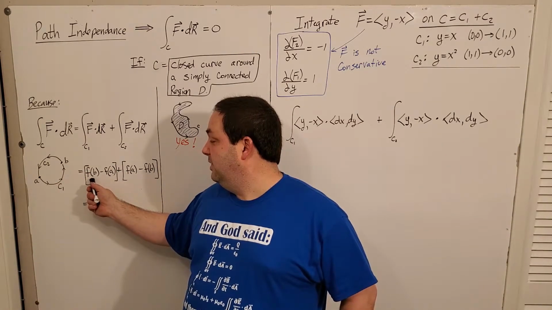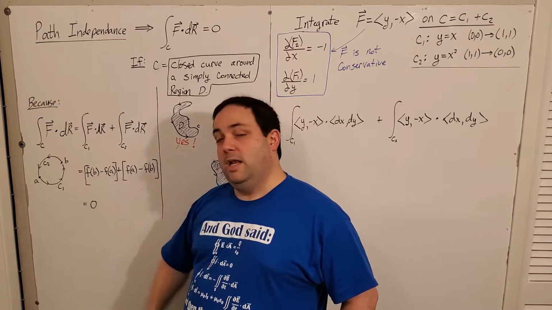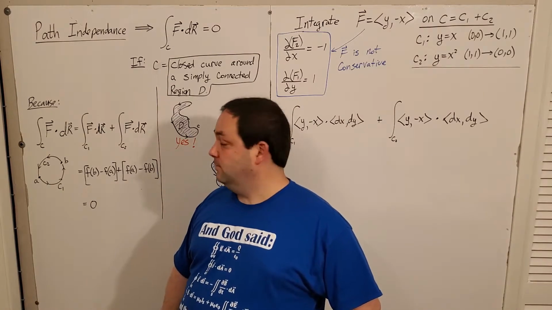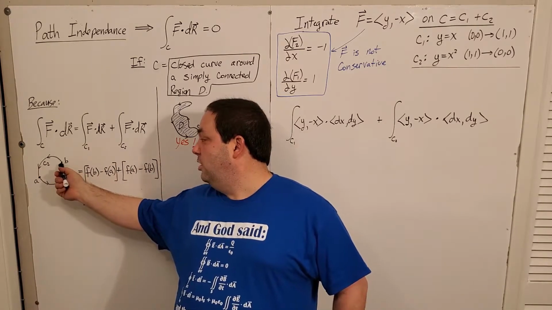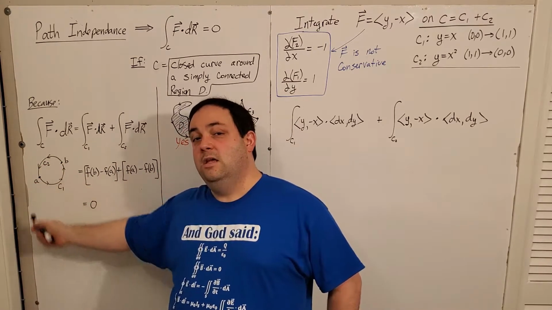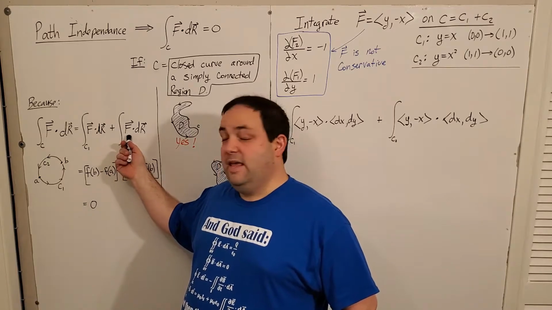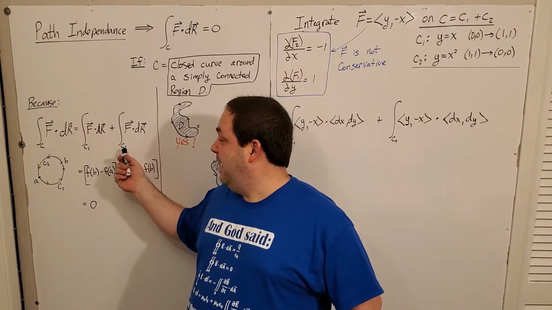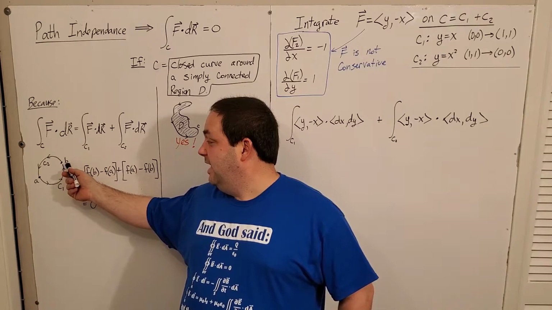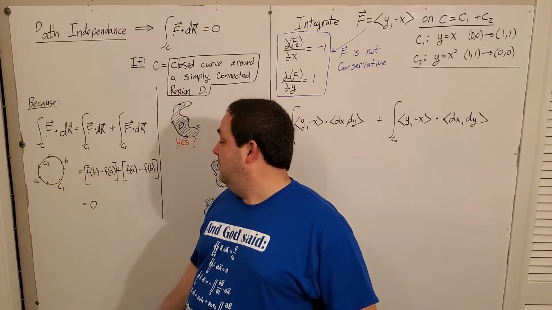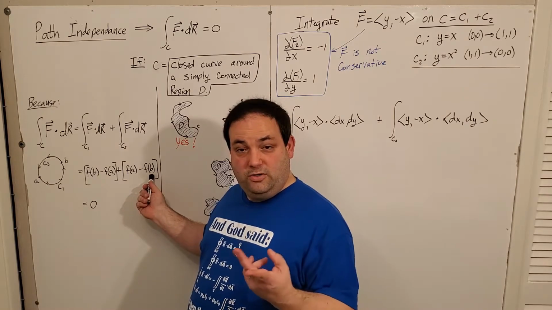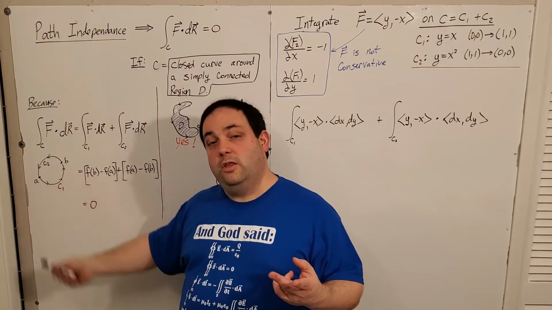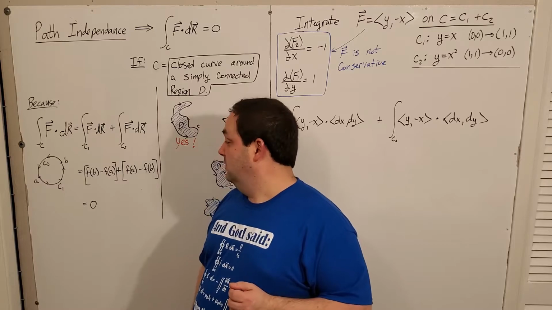So it's going to be the potential function at B minus the potential function at A, plus C2 starts at B and ends at A. Again, f is path independent, so it really didn't matter. What matters is that it starts at B and ends at A, so that's f of A minus f of B. Complete reverse order, right? Because it started where the other one stopped and vice versa, right?